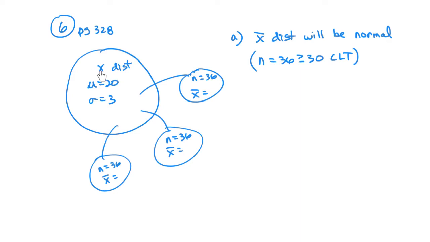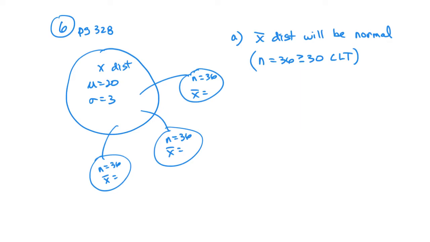So I know the x-bar distribution will be normal. If they had told us that the x distribution was normal, then it doesn't even matter what the sample size is, right? If we're sampling from a normal distribution, we're going to get a normal distribution. But here they didn't tell us that. So if this would have said n equals 26, then I wouldn't be able to say this. And that would be considered a small sample, which is not something we even cover in this book.